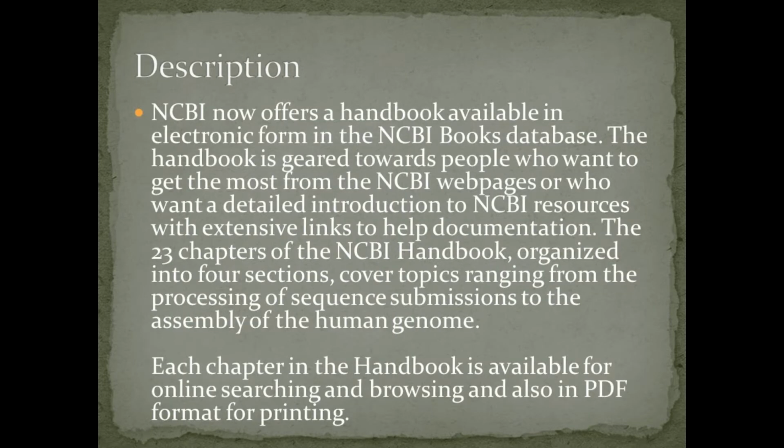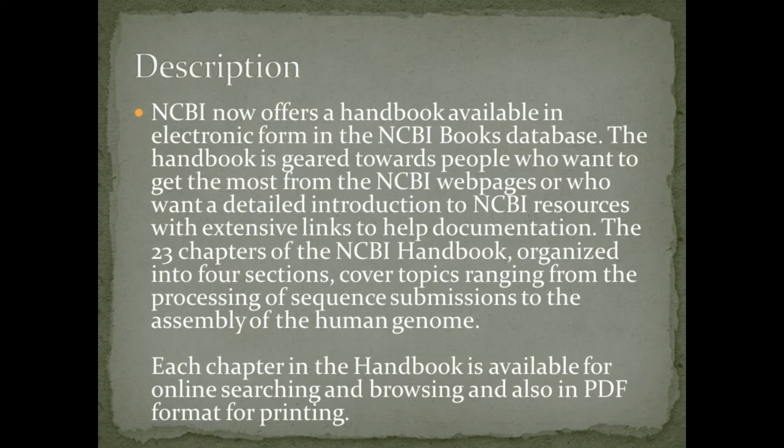NCBI now offers a handbook available in electronic form in the NCBI Bookshelf database. The handbook is geared towards people who want to get the most from the NCBI web pages, or who want a detailed introduction to NCBI resources with extensive links to help documentation.